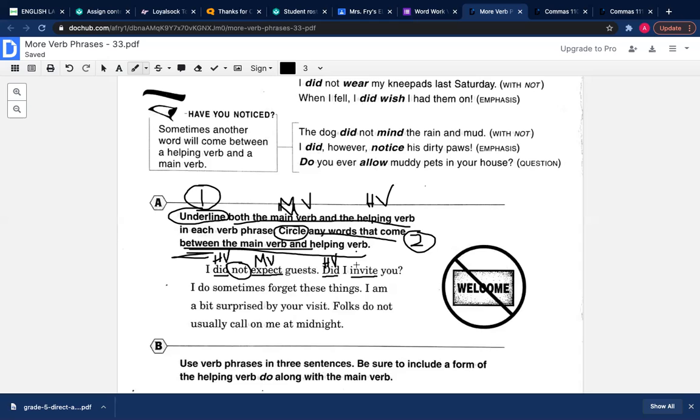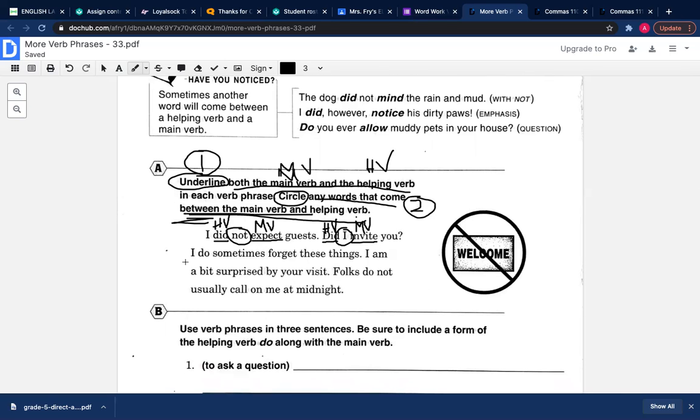That's the action happening. There is a word that comes in between did and invite, and that is I. Now let me check. I underlined both the main verb and the helping verb, and I circled the word that came between. You guys are going to check the rest of these and complete those.